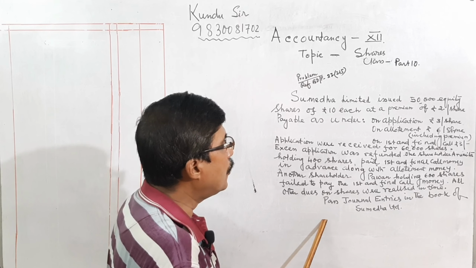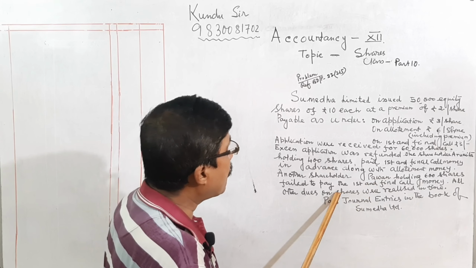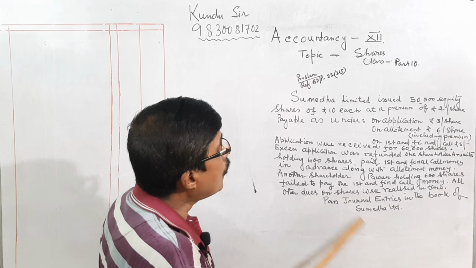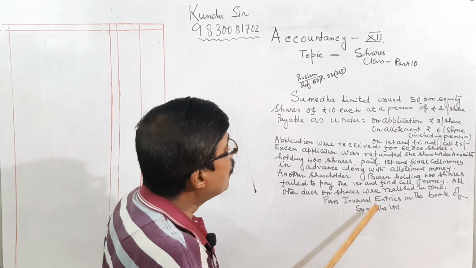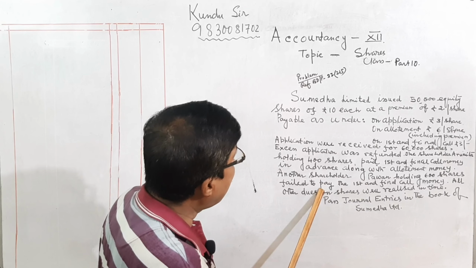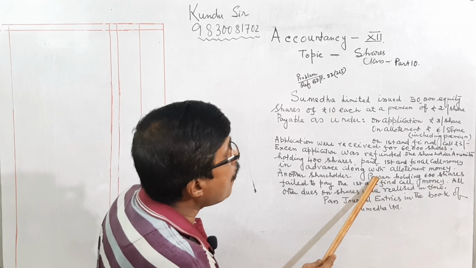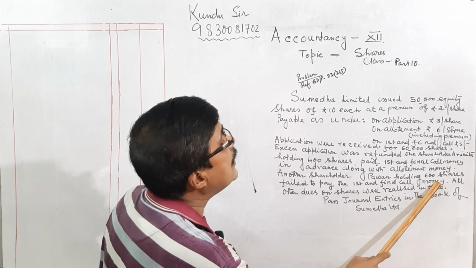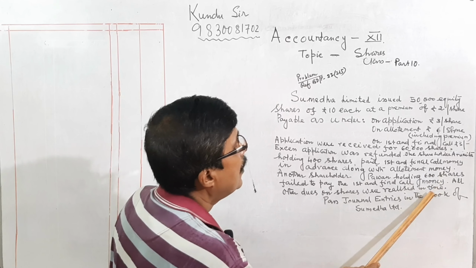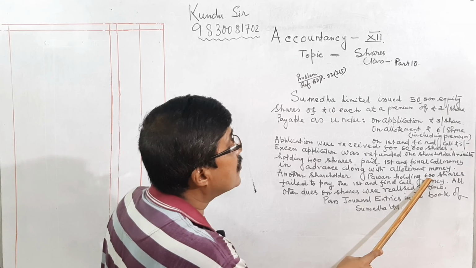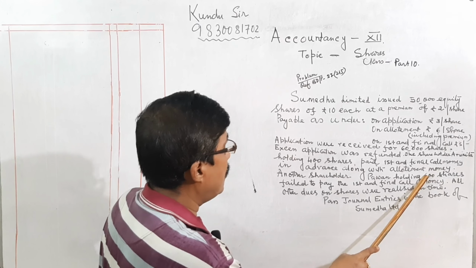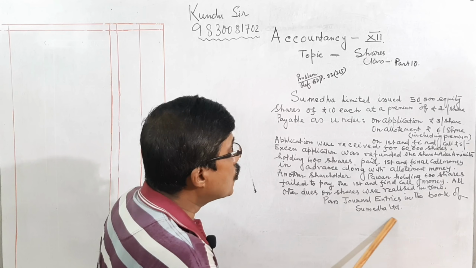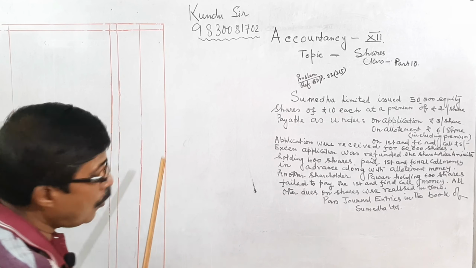That means we have to do the problem up to the final call, out of which we are not getting the money due from Pawan on 600 shares. That portion, 600 into 3, is to be transferred to the calls in arrear account. Pass journal entries in the books of Sumedha Limited.